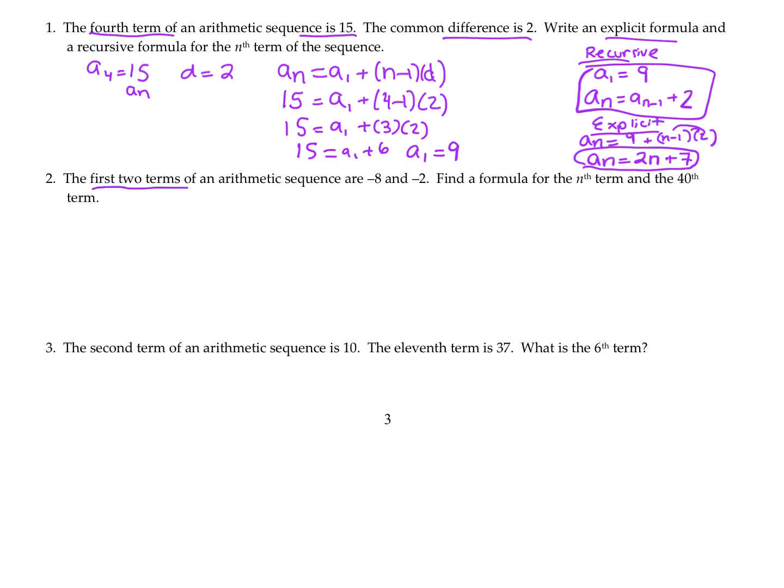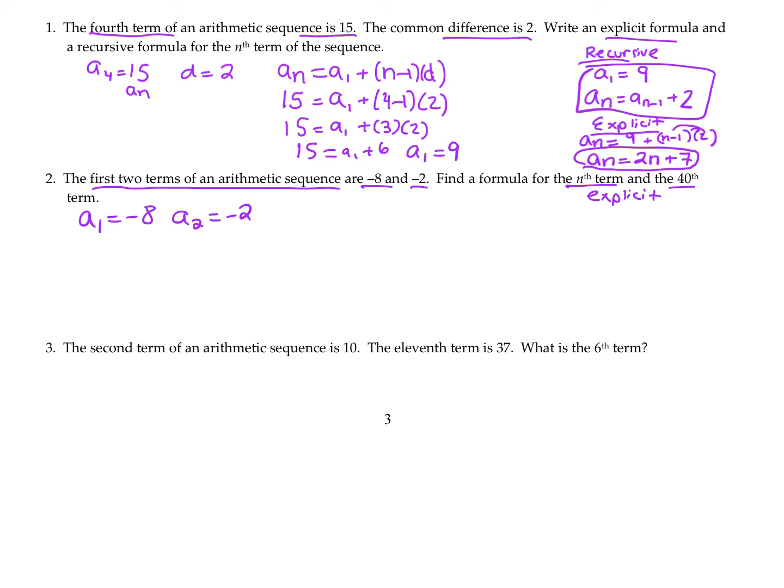So now they're telling us the first two terms of an arithmetic sequence are -8 and -2. Now they want us to find the formula for the nth term, meaning we're going to write our explicit formula, and then they want us to find the 40th term.